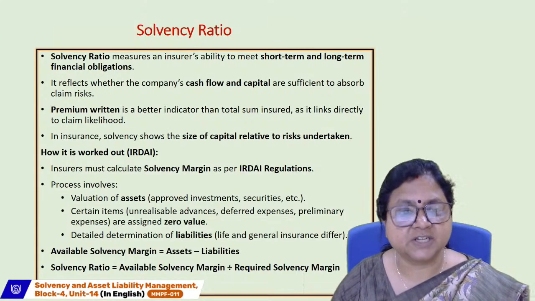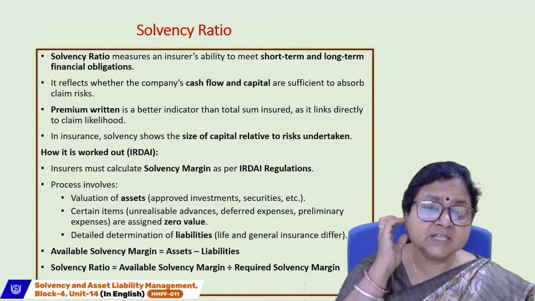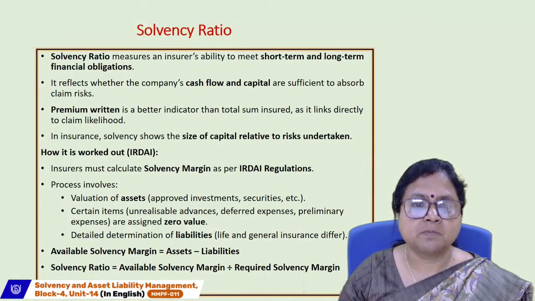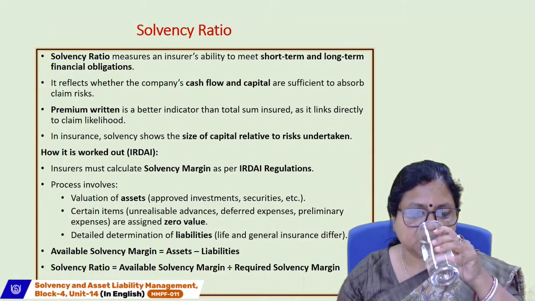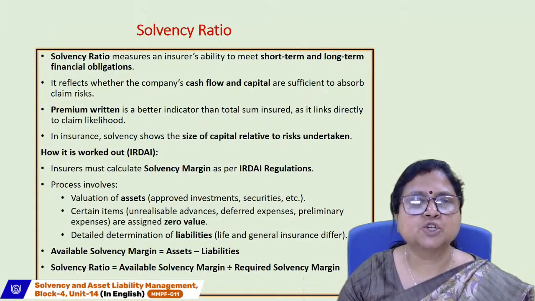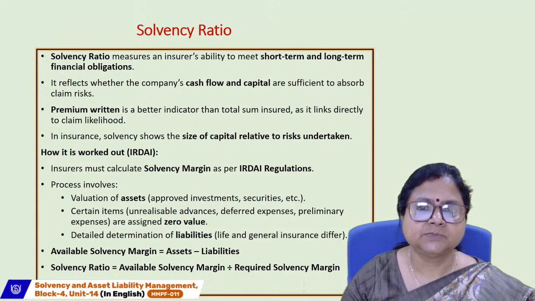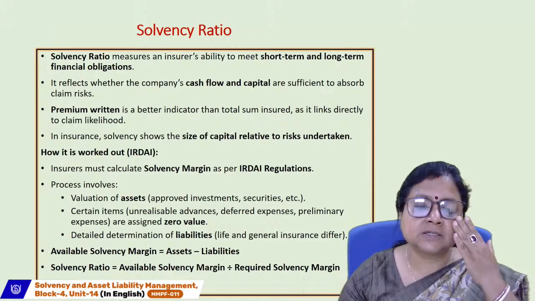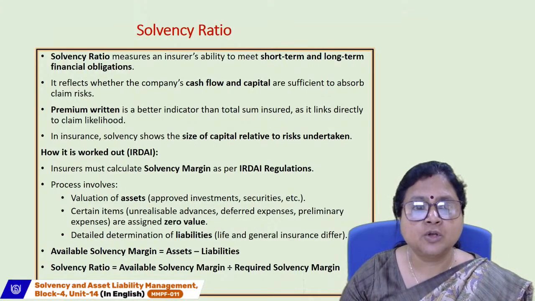Now let us move on to the next concept. This concept is also linked with the solvency margin. The next concept is solvency ratio. Solvency margin is linked with the solvency ratio. How?